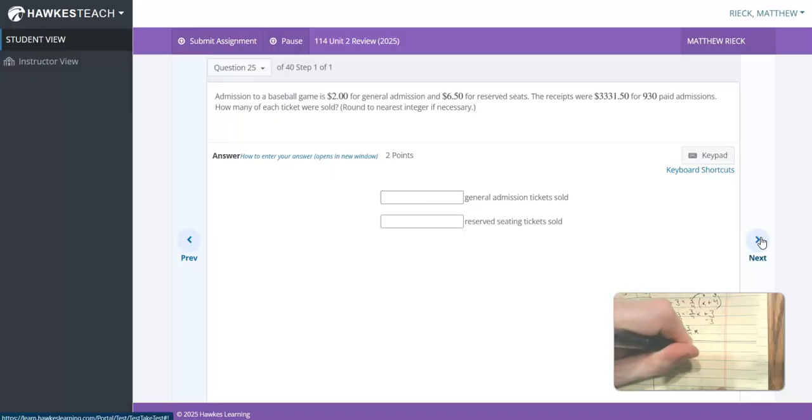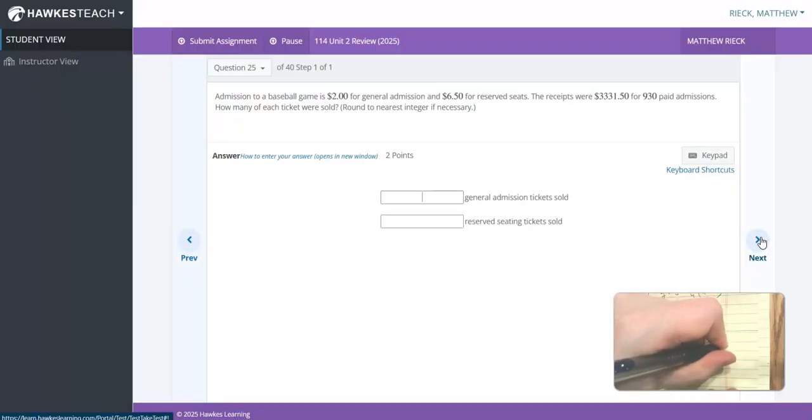So general plus reserved gives us 930 paid admissions. For the cost, we have $2 times however many general admission tickets we sold, plus $6.50 times however many reserved tickets we sold, and that equals the total receipts.